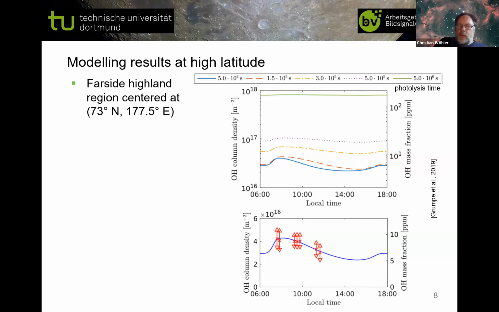So we just assumed that the relative band depth that we observe in the M-cube spectra is proportional to the OH column density. And we estimated the proportionality factor along with the physical parameters. In that way, we can translate M-cube measurements to column densities, which are here, of course, of the order less than 10 to the 17.